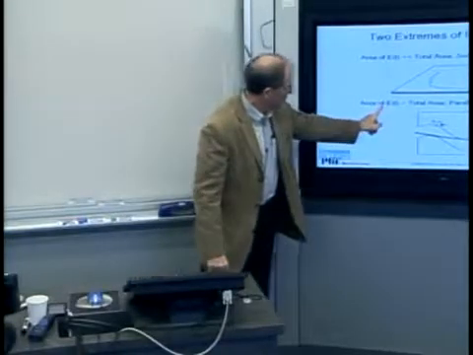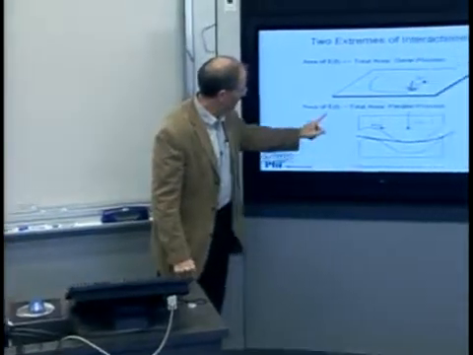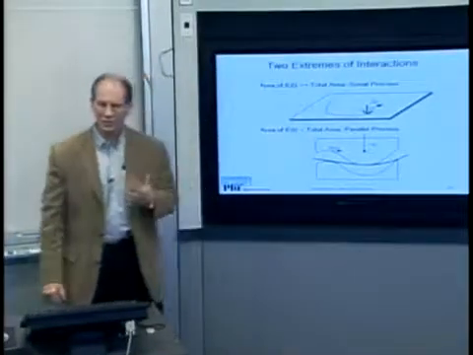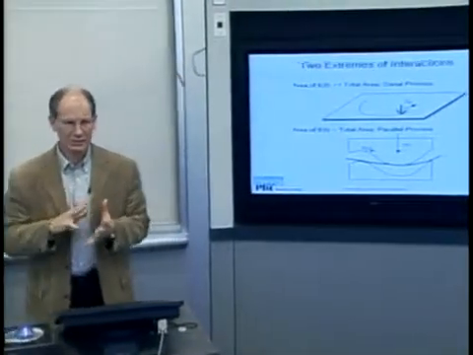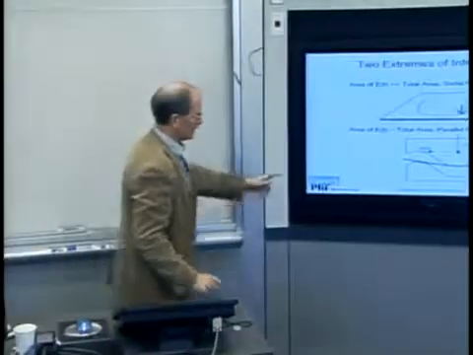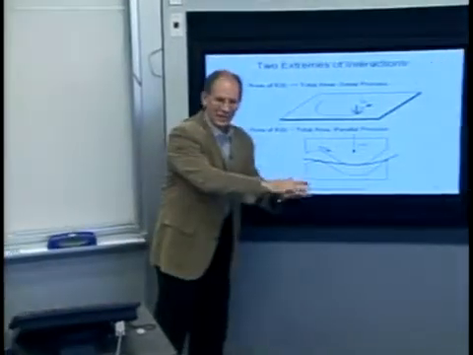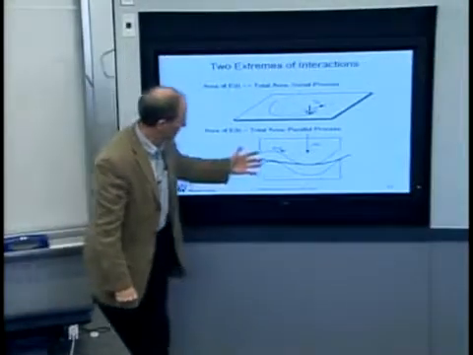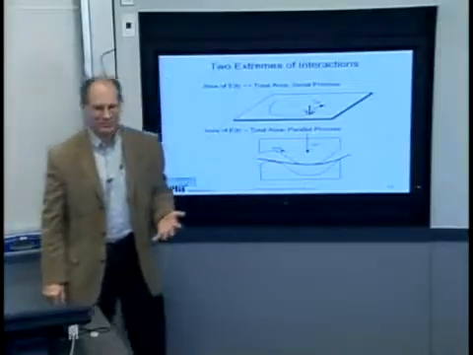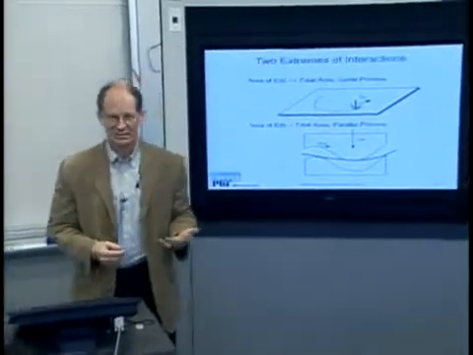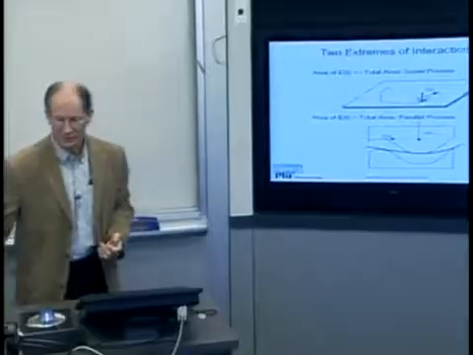If the opposite is true, if the area of that interaction is on the order of the total area that I'm trying to change, and again, the icon for that would be stamping out a car hood or something like that. The area of interaction is the same as the area that I'm trying to change. Same with this part. The area of interaction is the entire area. Then we have a parallel process.